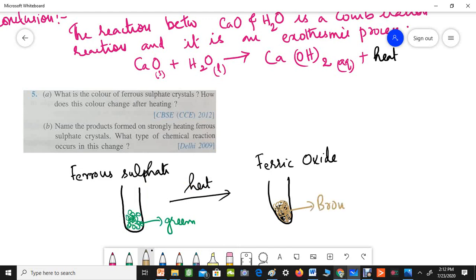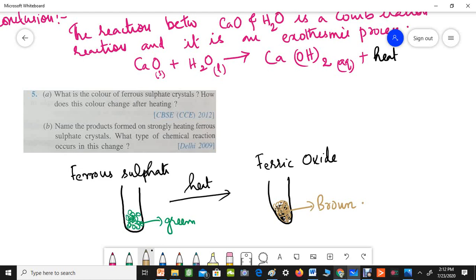Okay, this is the first reaction. So when you heat ferrous sulfate crystals, which is green in color, it is converting to ferric oxide. Ferric oxide is brown in color.